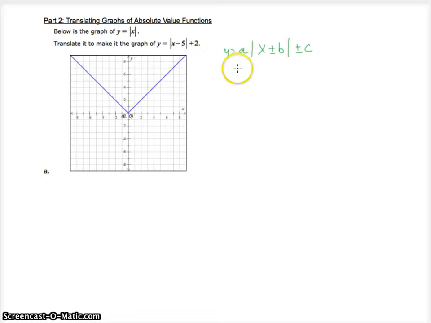The b value moves x values, which are left or right. Moves the graph left or right. The c value moves my y values, which is up or down.